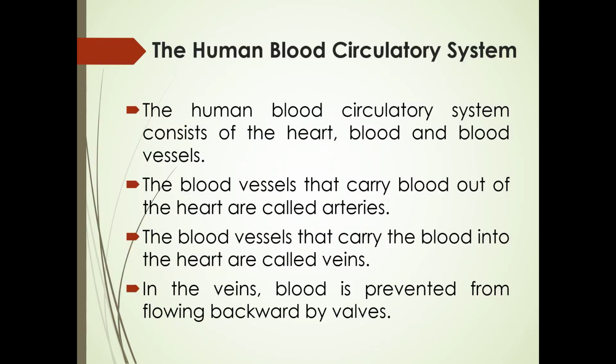So I hope you can differentiate between the fish, amphibians, reptiles, mammals and birds. Mammals and birds are actually the same as us. Now we see the human blood circulatory system. It consists of the heart, blood, and also the blood vessels.